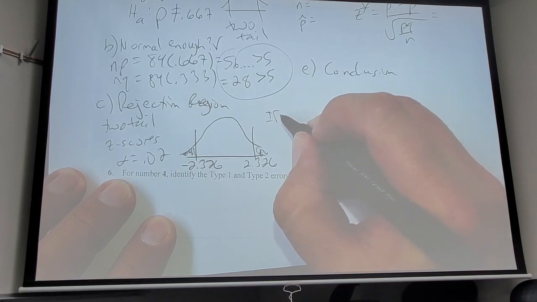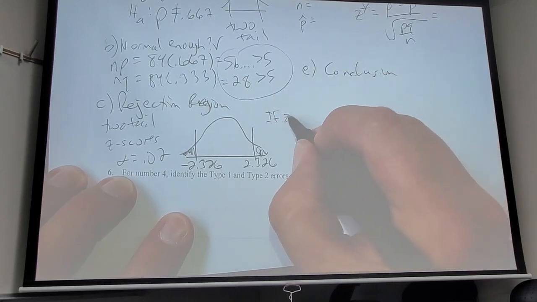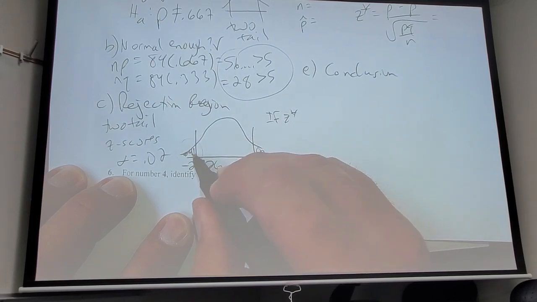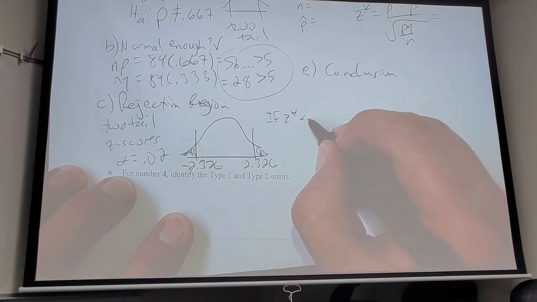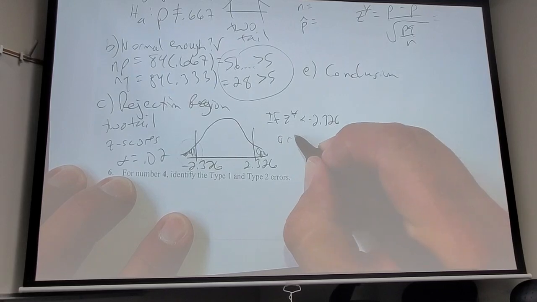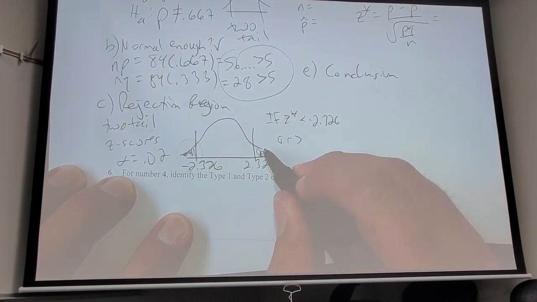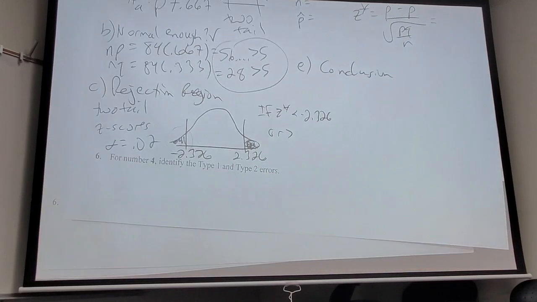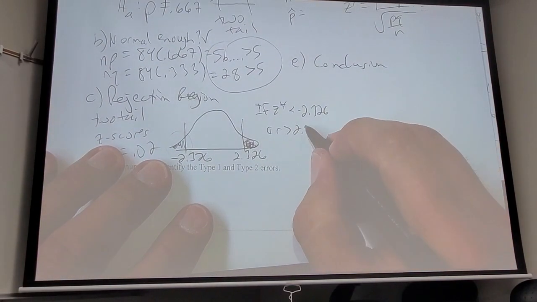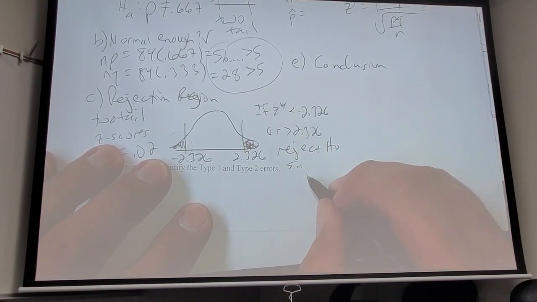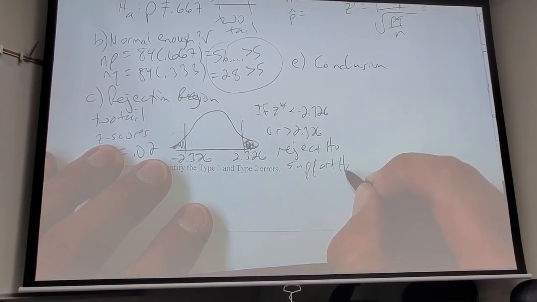If Z star is less than negative 2.326, or greater than positive 2.326, we can reject the hope, support the hope.